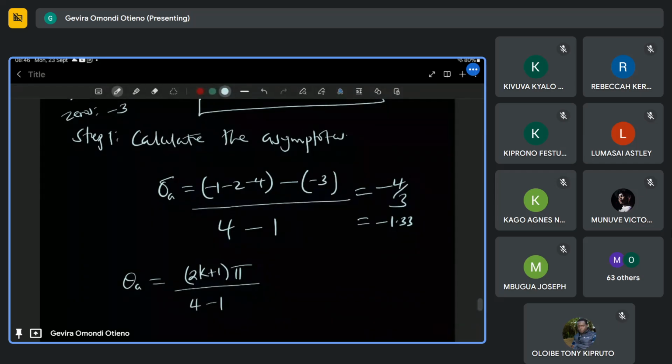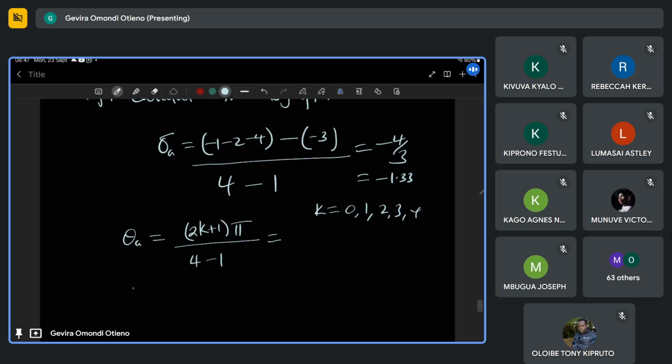So you will see, therefore, and remember k is 0. And you can take minus, but in this case, I want to deal with the positive one. It could be minus or plus. So this is what we must get.